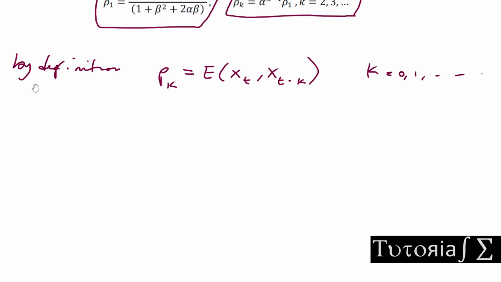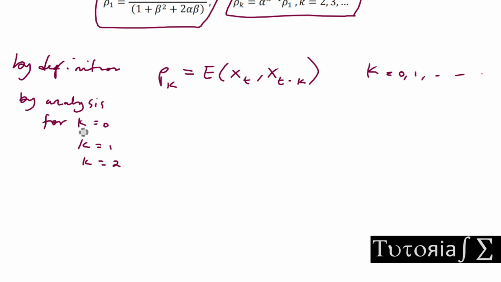So by analysis, we're going to test for k equals 0, k equals 1, k equals 2.